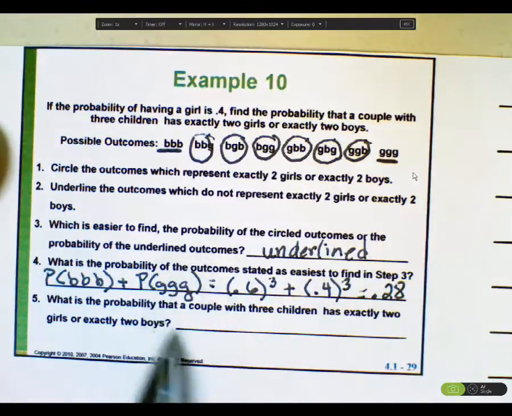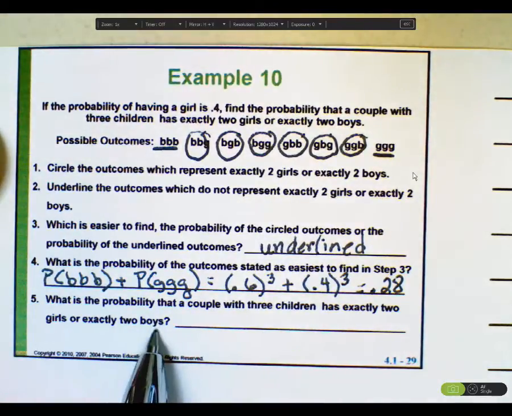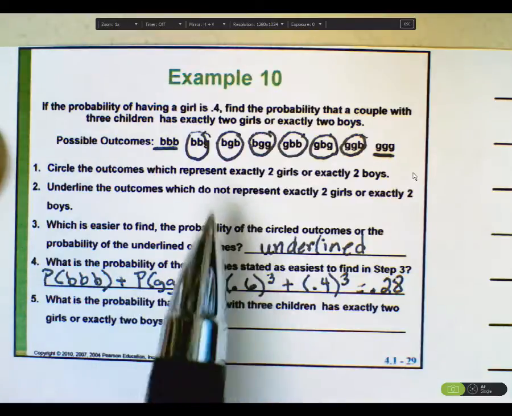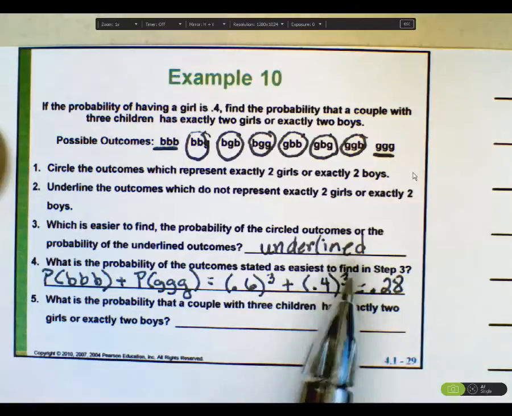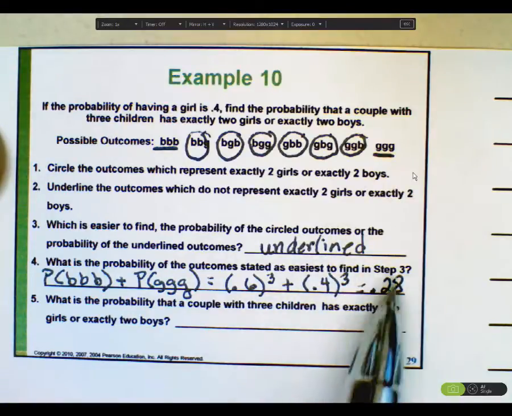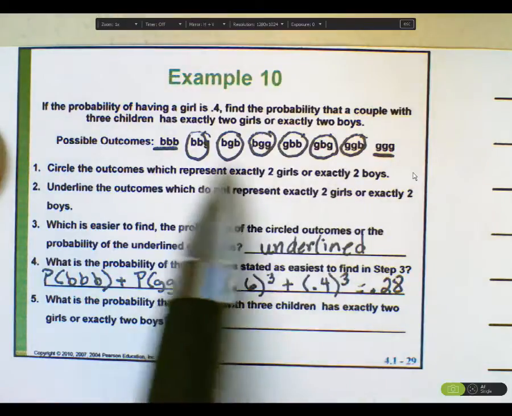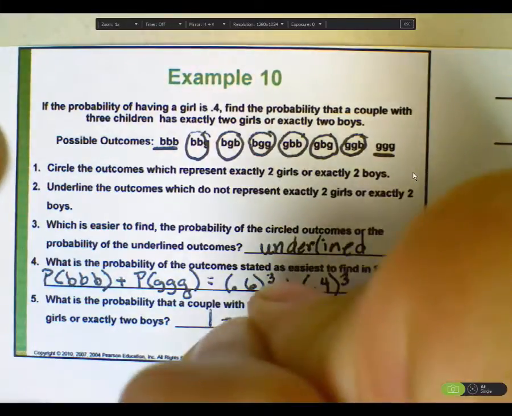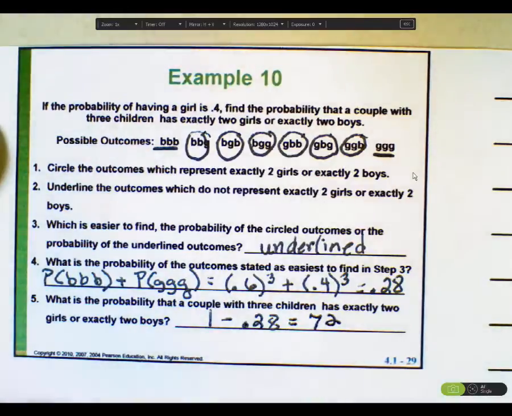But if I want the probability that a family with 3 children has exactly 2 girls or exactly 2 boys, it's everything except for what I have underlined. If I want the probability of everything but what I have underlined, and I've already found the probability of what I have underlined, then I can find the probability of the other outcomes by subtracting the 0.28 from 1.